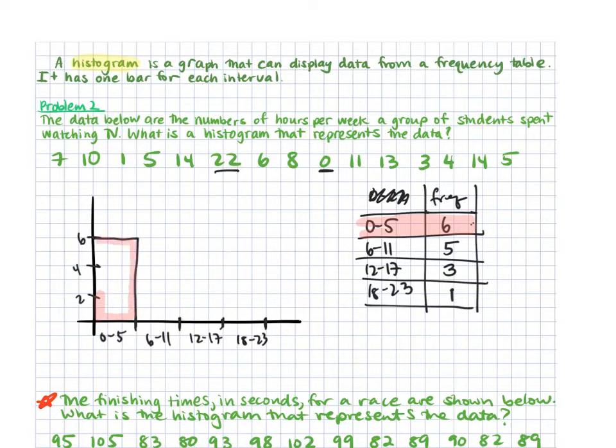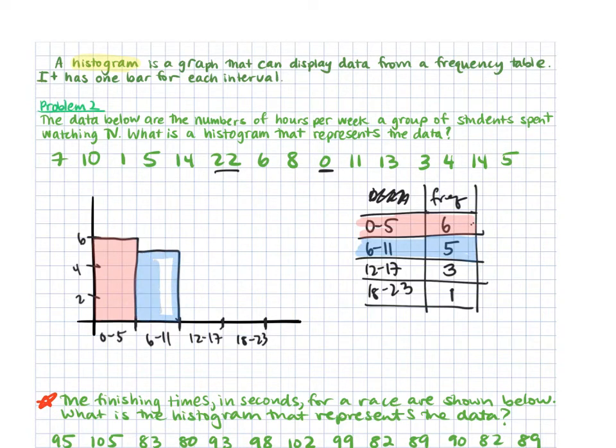Okay, so this is a histogram. This is for this interval. There are 6 in that interval. Okay, and then let's make this one blue. For this interval, 6 to 11, this one only goes up to 5. So that would be this bar here. And so that's for this interval.